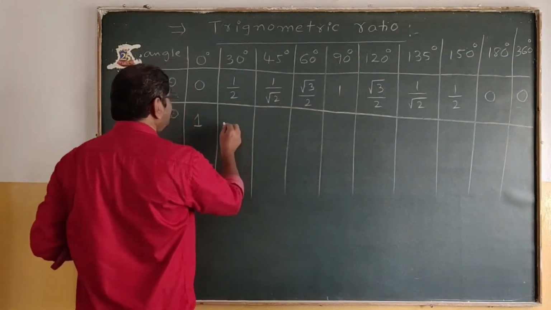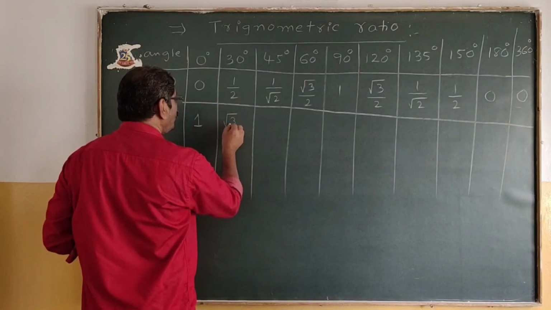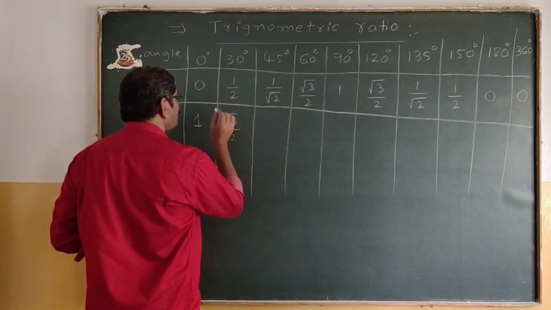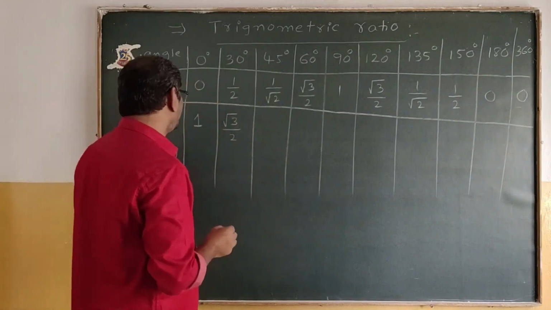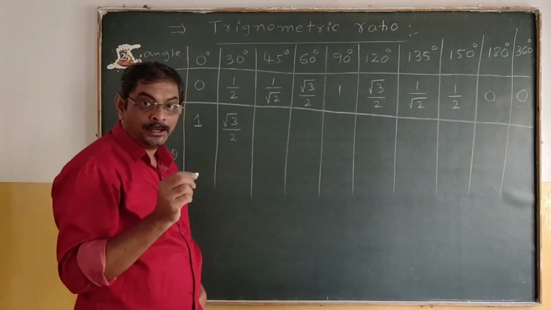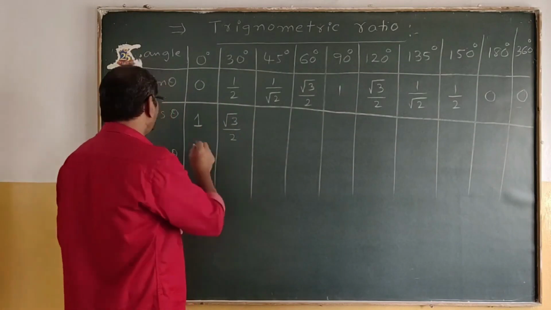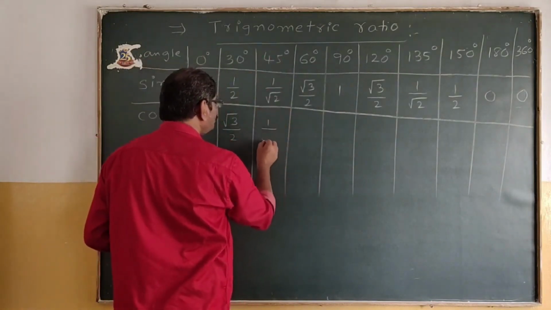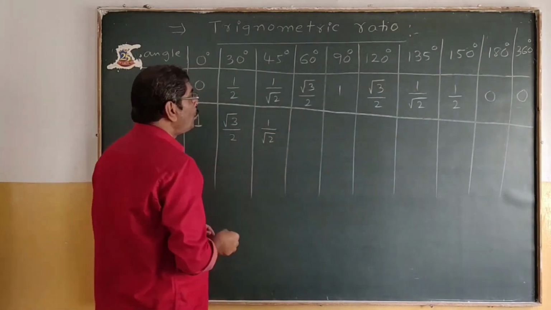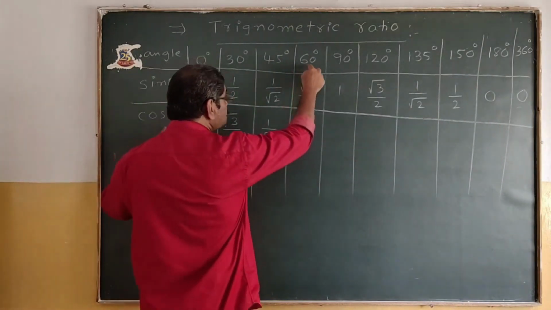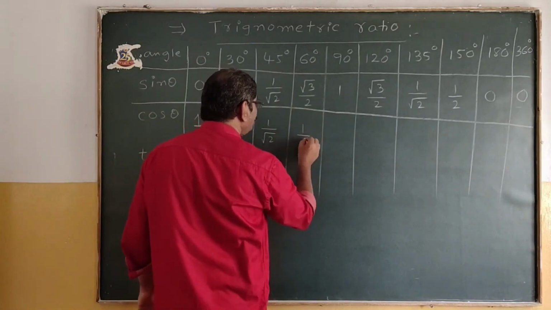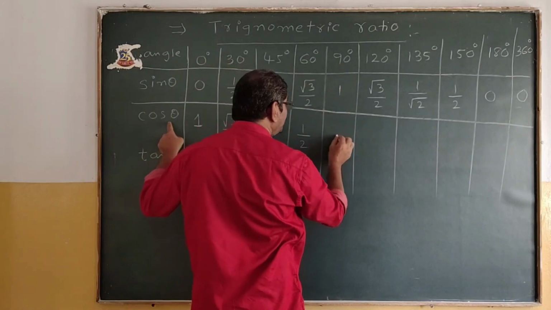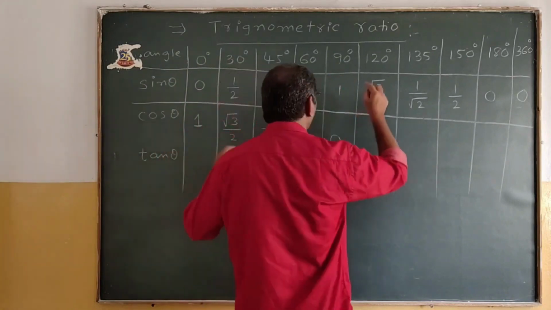Cos 30 degree will be numerically equal to root 3 by 2. Cos 45 degree will be numerically equal to 1 by root 2. Cos 60 degree will be numerically equal to 1 by 2. Cos 90 degree will be 0.